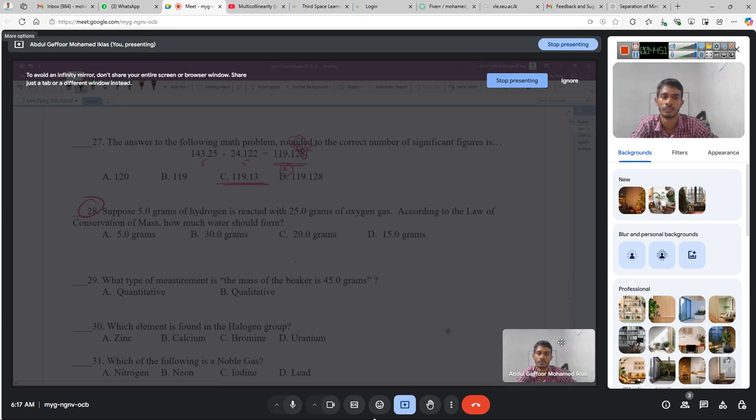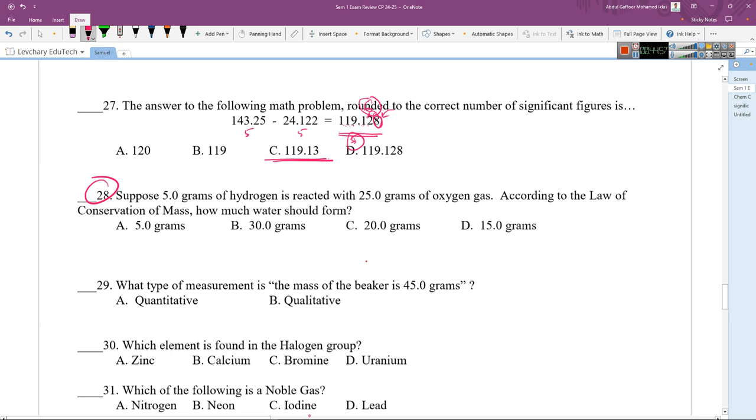Suppose 5 grams of hydrogen, H2, is reacted with 25 grams of oxygen, O2, right?